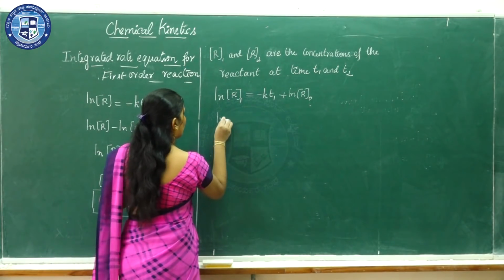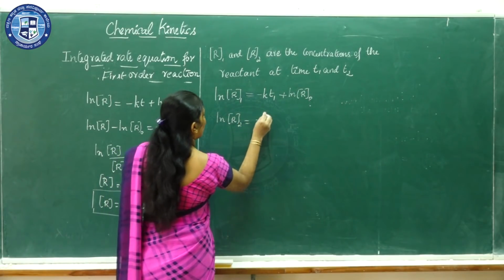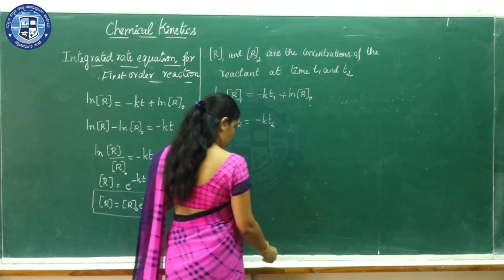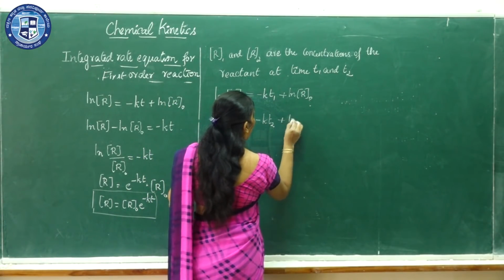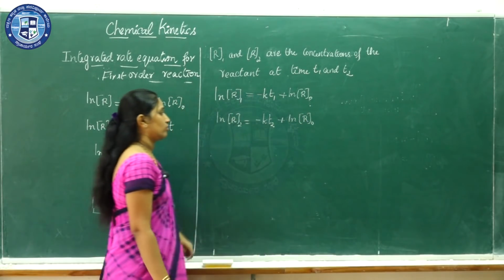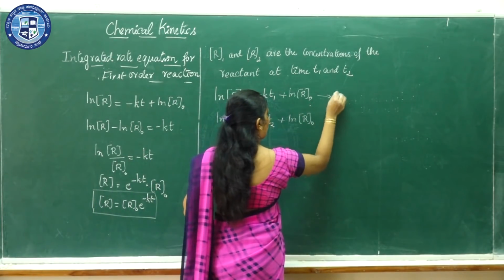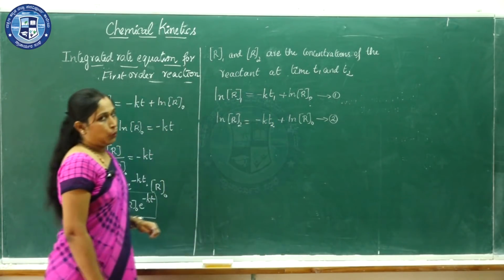Now when the concentration is R2, it becomes ln R2 is equal to minus kT2, time is now T2, plus ln R naught. This I will take as equation 1, and this one as equation 2.